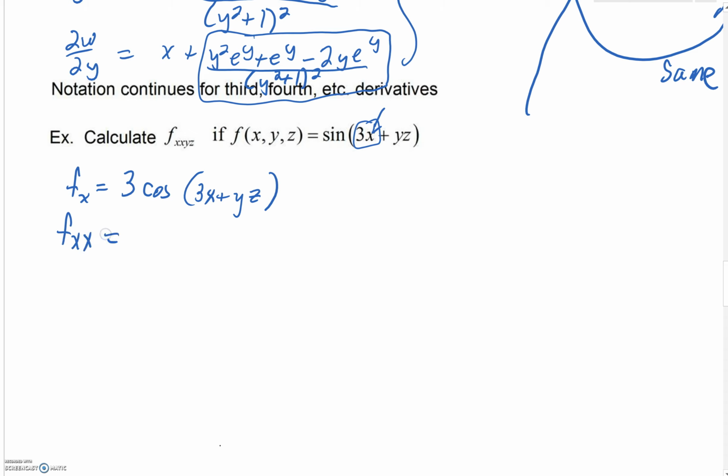Let's take another derivative because now we have to go with respect to x yet again. Guys, it's the same exact thing. We're having just one x inside. So the derivative of cosine is actually going to be a negative sine. But we're going to have another derivative of 3x, which is a 3. Another 3 comes out, and we'll have a minus 9 sine of 3x plus yz. Well, now we're going to go one more derivative.